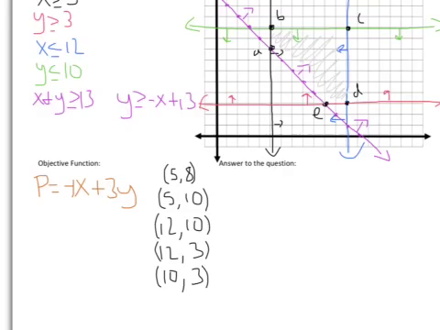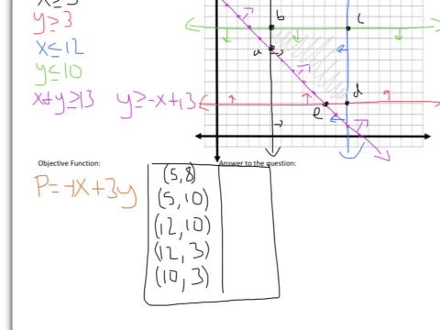As I calculate these, I plug them into my objective function, and I'm going to put the answer on the right-hand side. For the first one, negative 1 times 5 plus 3 times 8 gives me 19.